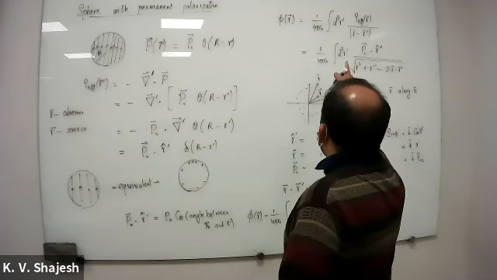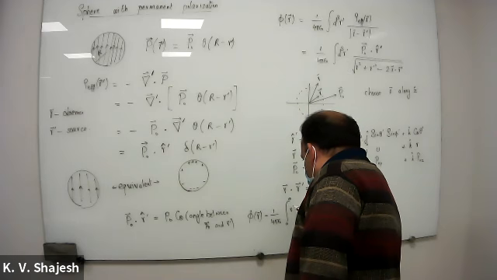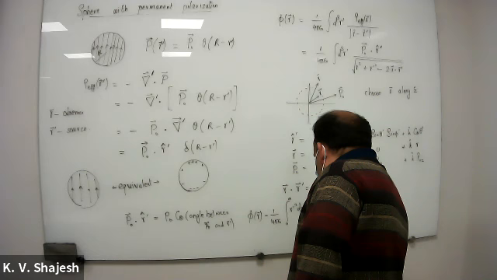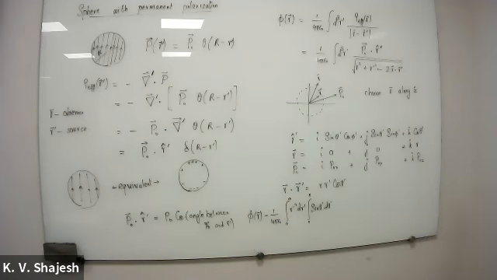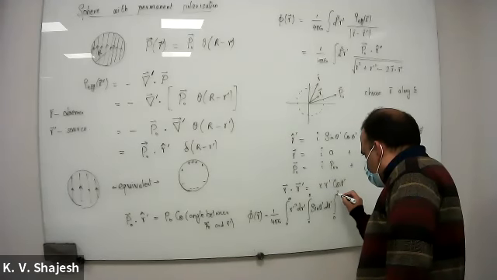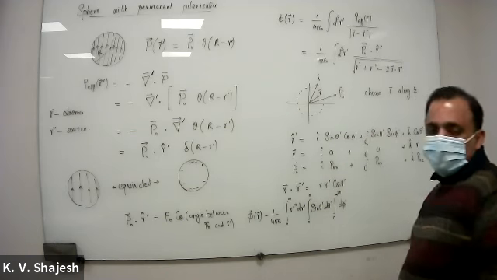There are three integrals in R prime: 0 to infinity R prime squared dR prime, 0 to pi sine theta prime d theta prime, and 0 to 2 pi d phi prime. Great.